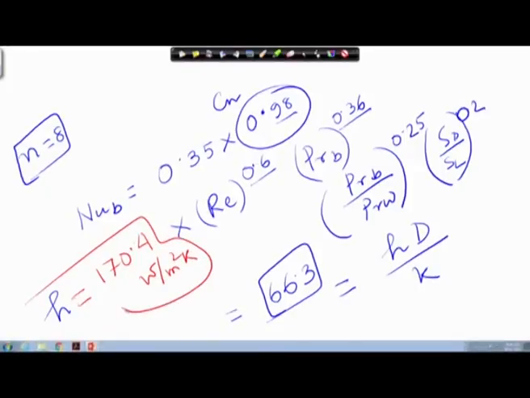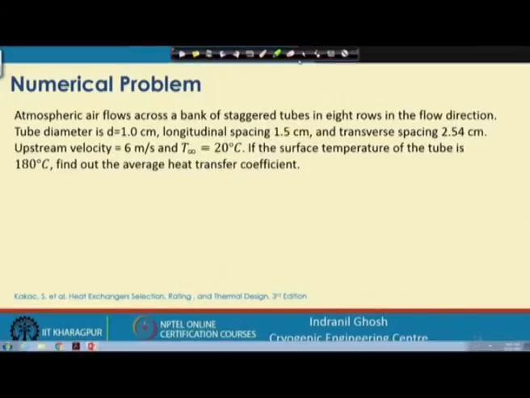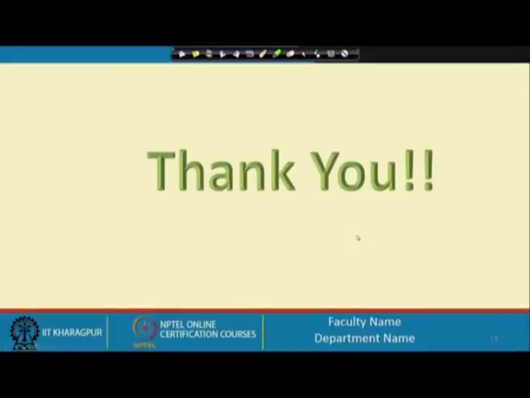In general, that value which we otherwise supply in different heat transfer calculations, you have now learned how to calculate from different correlations, and with that expression of the heat transfer coefficient, we would now be able to find out different other necessary parameters. Thank you for your attention.